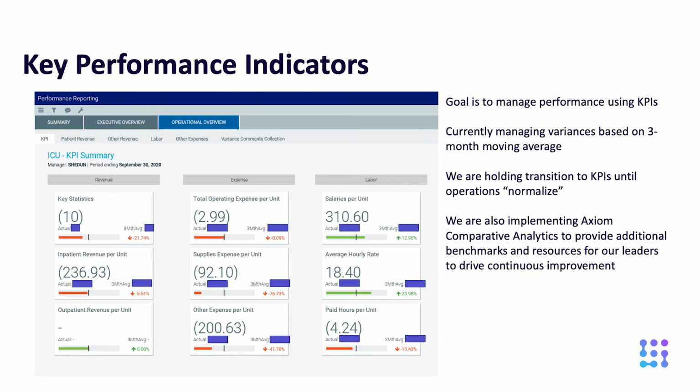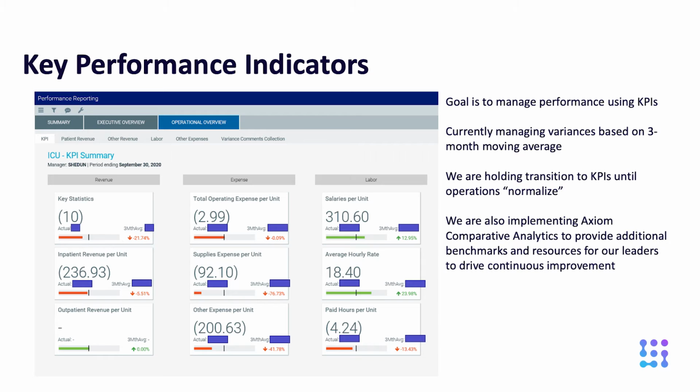So now I'll move over to the department performance dashboard. And I'm only going to go over the operational overview tab. I'm calling it a tab. I don't know what it's called. Maybe it's a view. But there is a summary view and an executive overview view that I won't go over. These roll up the results of various departments for you, so you can see a facility-wide view.